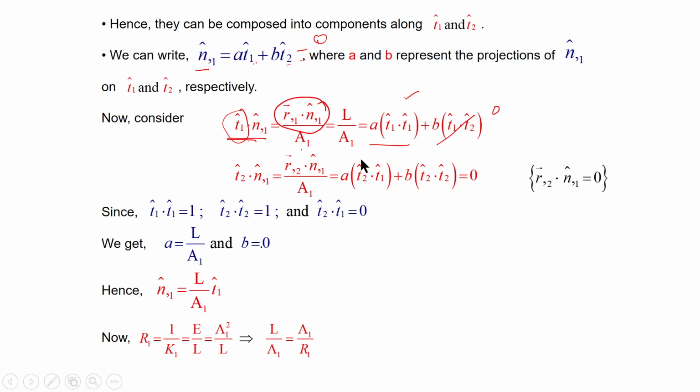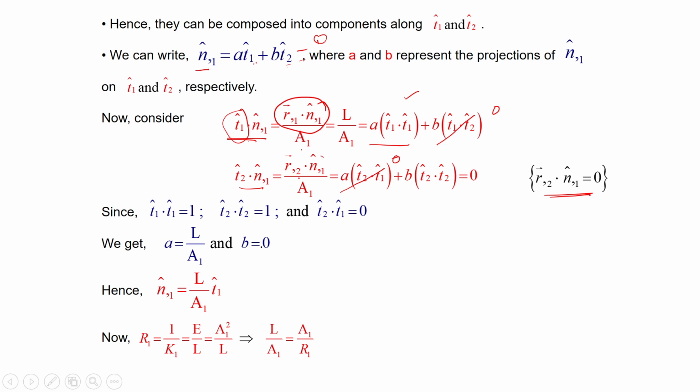In the same way, if we multiply with T2, this gives r comma 2 dot n comma 1 upon A1, and from here this first term is going to be 0. So B times something is equal to M, but this is the definition of M. So for an orthogonal system, that is going to be 0.